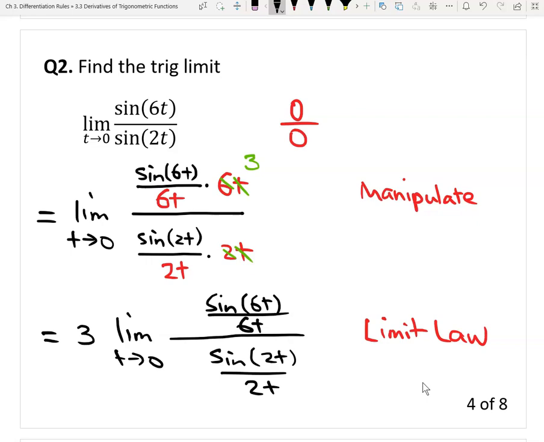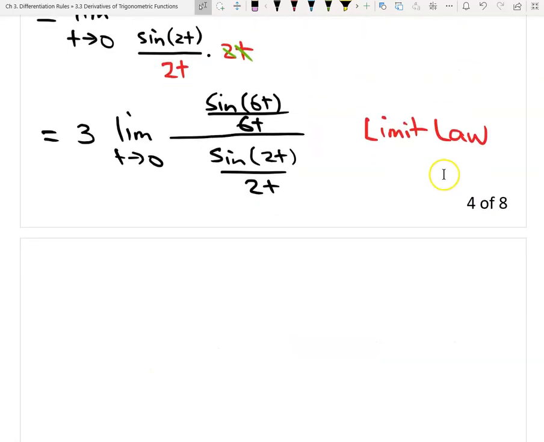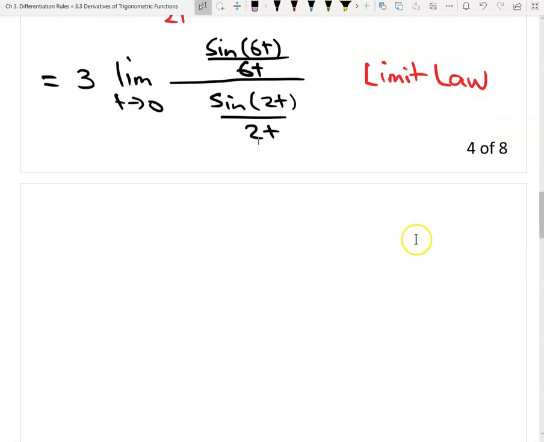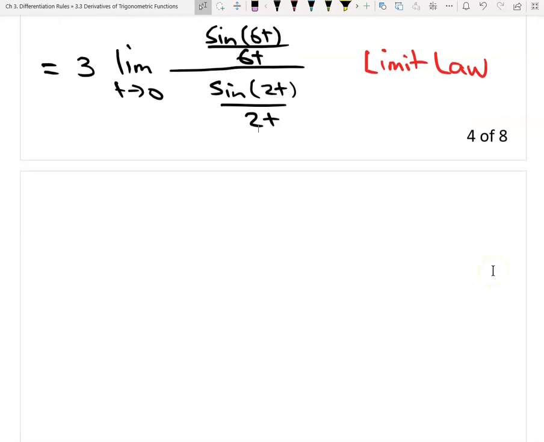Look, it's complicated, but don't worry. This time we definitely have this is 1, this is 1. Why? Because of the limit law, the quotient law. Let me show you the quotient law. I will write one more step.